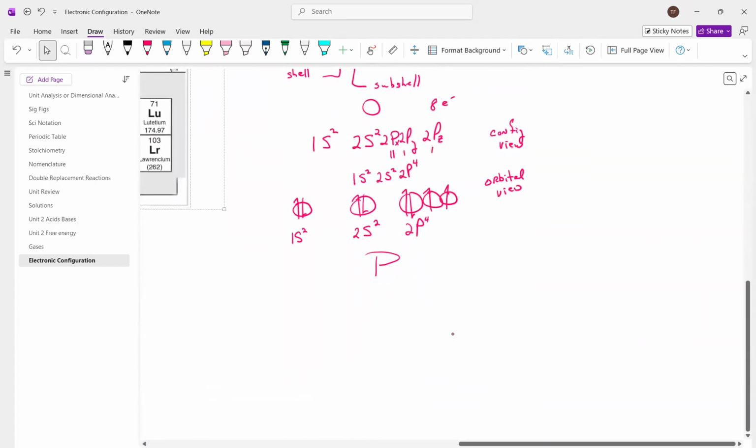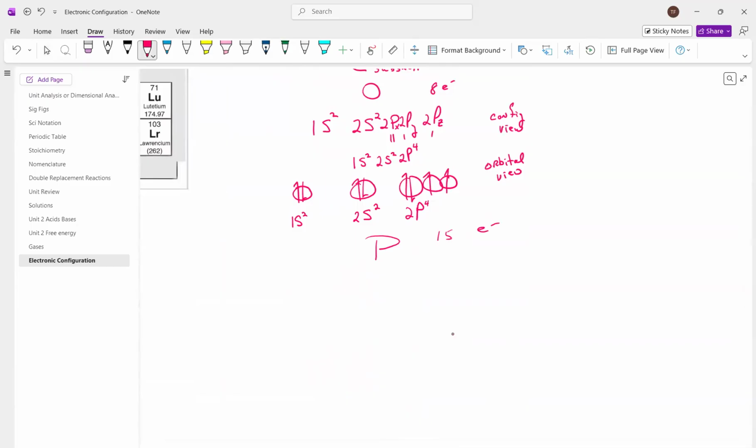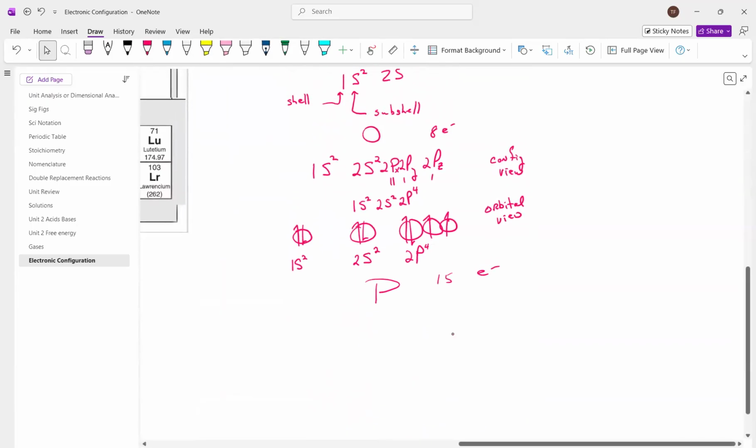Okay, all right, we're going to do P. All right, so P's got, was it 15 electrons? Oh, and one other thing, all the superscripts have to add up to that number there. So we've got 4 plus 2 plus 2 is 8. So the superscripts and the total number of electrons have to be equal, because we're just accounting for all those electrons.